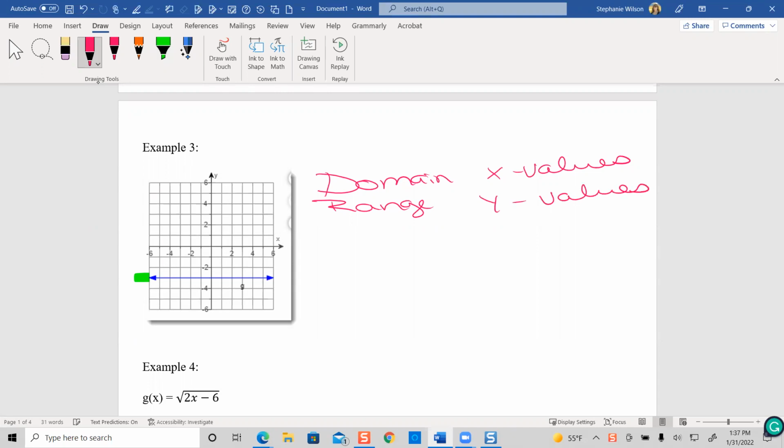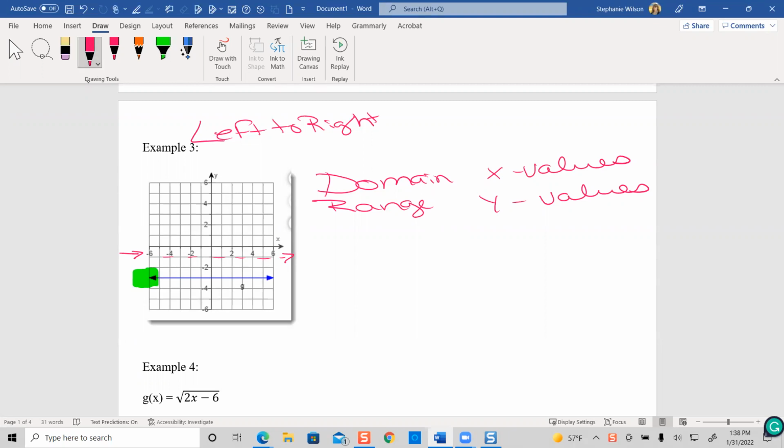So let's start with the domain. Anytime we're solving for the domain, we always read left to right. So that means we're going to start right here and move all the way across to the right. But when I start right here, what do I see? I see this line has an arrow on it.